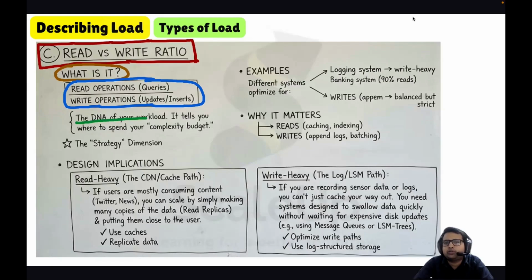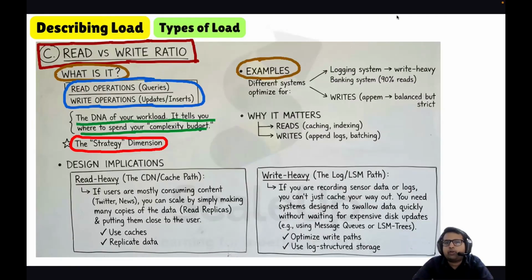Read-write ratio tells you where to spend your complexity budget. So read-write ratio is the strategy dimension. If we talk about some examples, logging systems are write heavy.